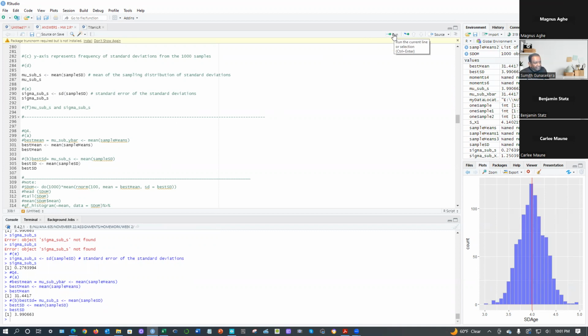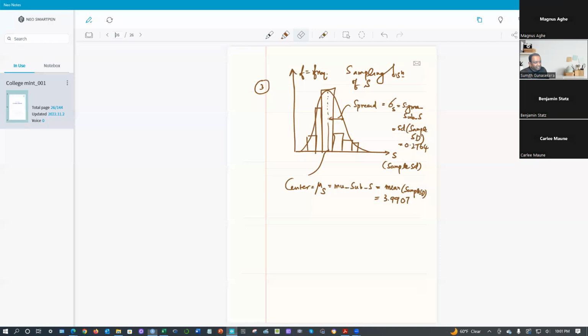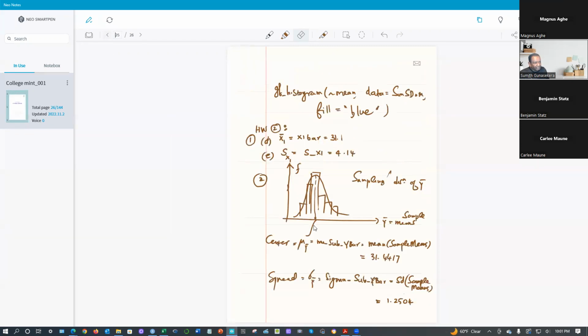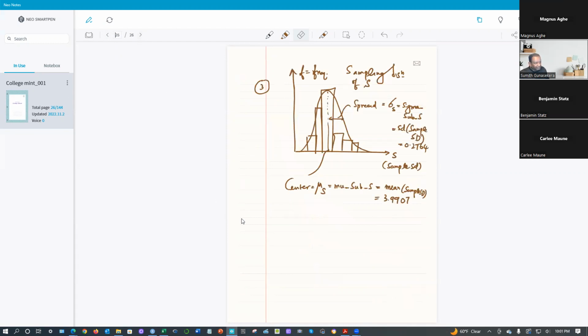The center in any distribution will be the best. This would be the best estimate for the population mean, and this would be the best estimate for the population standard deviation.